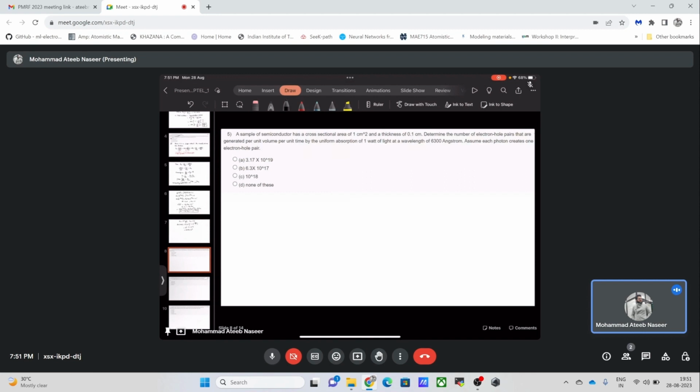We have been told to find this electron hole pairs concentration per unit volume per unit time.